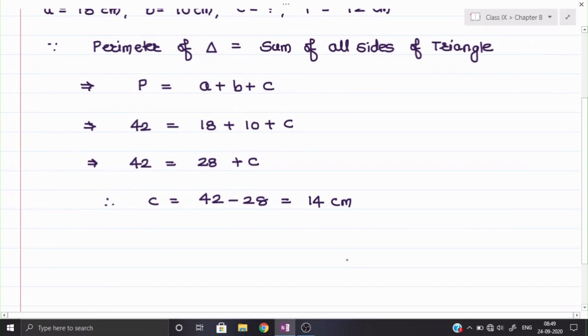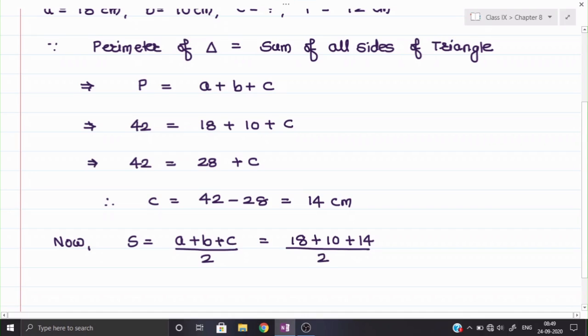Okay, so to find out the area, first we require the semi perimeter. So we can say that the value of S will be equal to A plus B plus C whole divided by 2. So what is the value of A here? That is 18, plus B is 10 and C is 14, whole divided by 2.